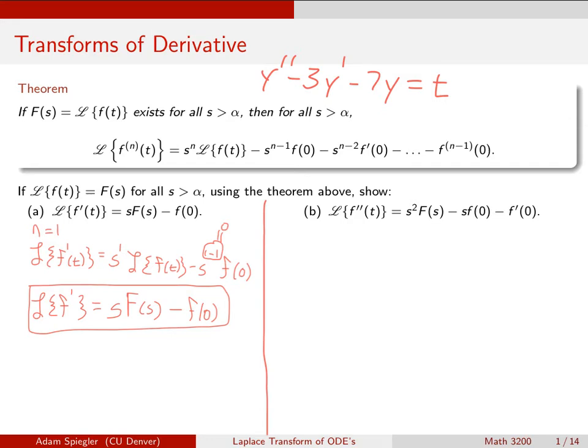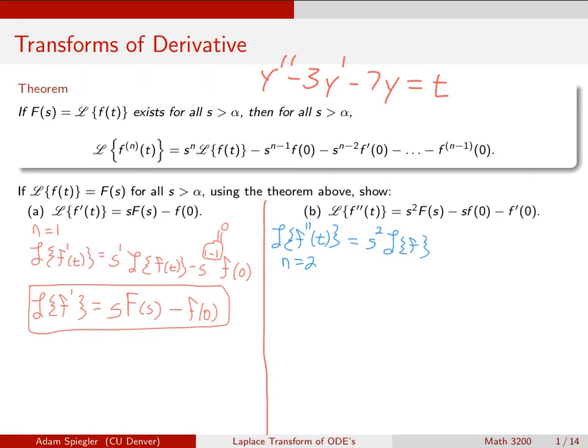Okay, so in part B, same idea, except now we're taking the Laplace transform of f double prime. Our value for n here is 2. So using this formula, we take s to the nth power, which is now 2, times the Laplace transform of f.